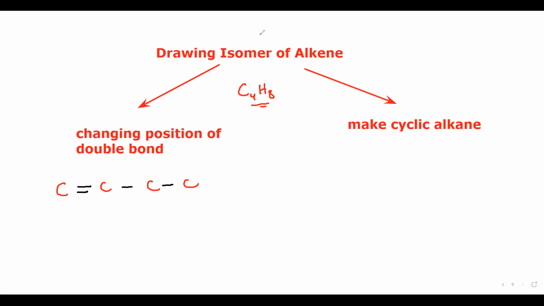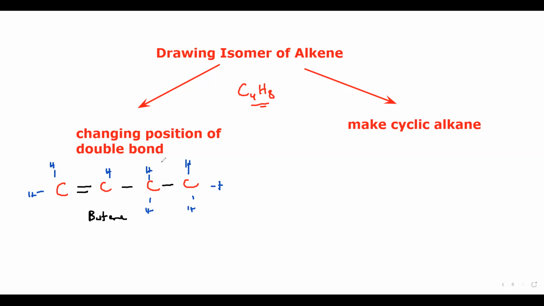Then we draw the number of hydrogens. This will have 2 hydrogen, this will have 1 hydrogen, this will have 2 hydrogen, and this will have 3 hydrogen. Now what is the name of this compound? Because the double bond is present with the first carbon, it is butene, or but-1-ene.